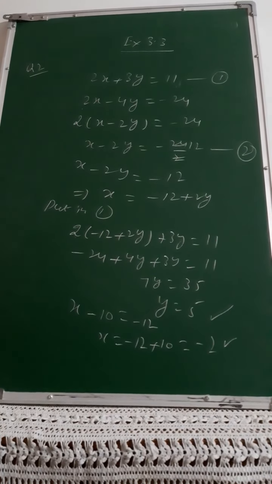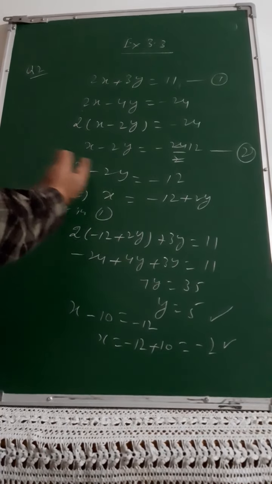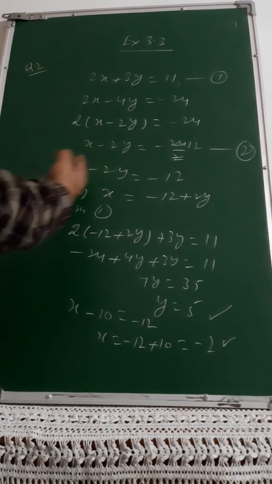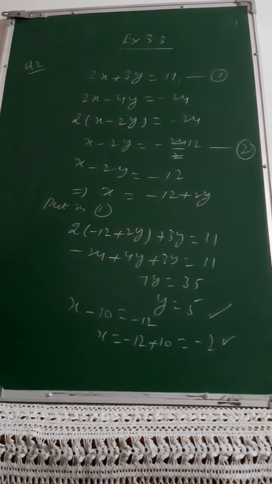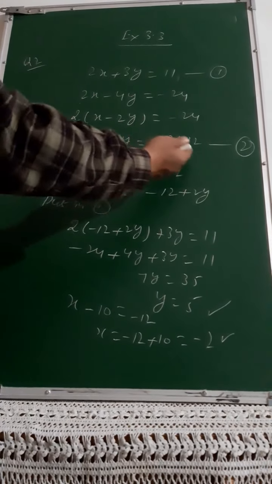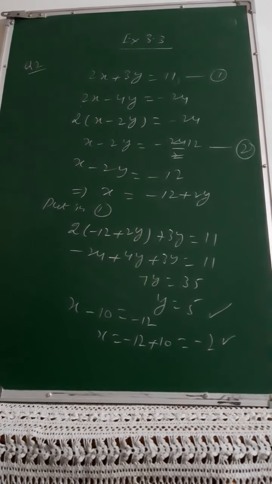You can even check here, if you put minus 2 here and y as 5. So 5 2's are 10, minus 10 and minus 2 will make it minus 12, and your left hand side will be equal to right hand side. Meaning to say, anywhere you can verify, either you verify in 2 or in 1, everywhere the left hand side will always be equal to right hand side.